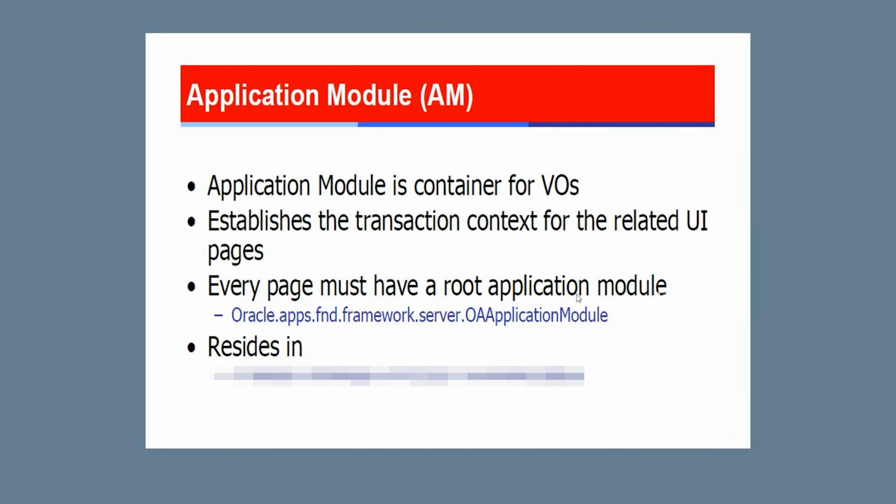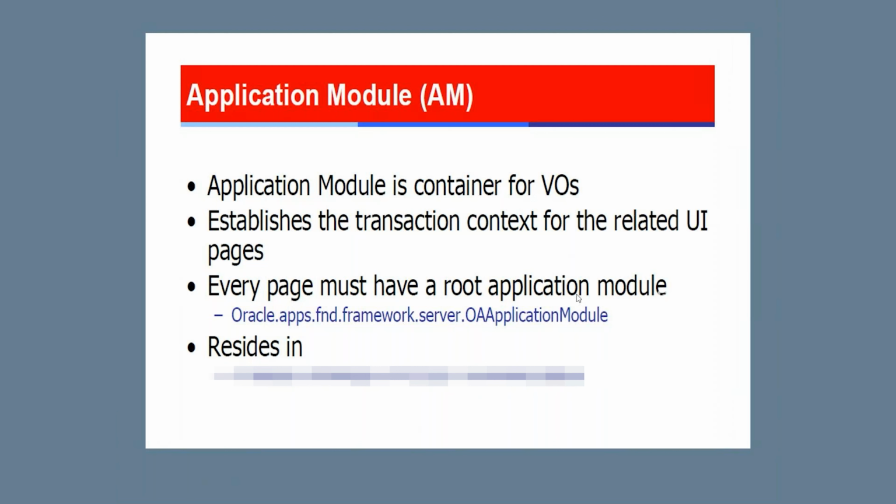The application module is responsible for creating the context, as we understood. One more thing: we have to attach view objects to the application module. Without attaching them to the application module, we cannot use them.